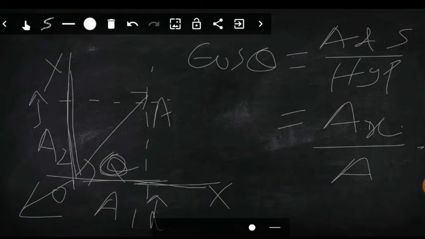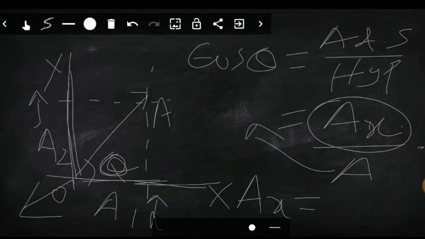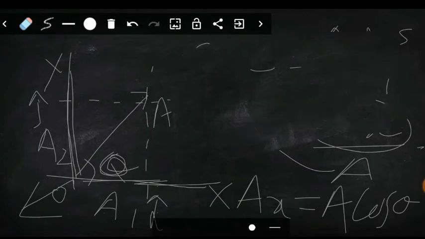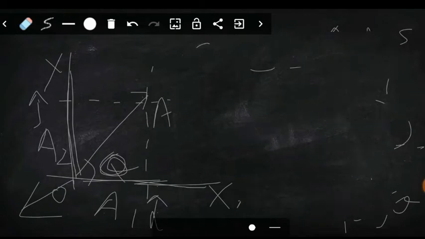Then this is the x component, so how can we express ax? Just taking a to this side, it becomes ax equal to a cos theta. So if we know a vector and the angle, it is easy to find that the x component is a cos theta. In the same manner, how can we find the y component?